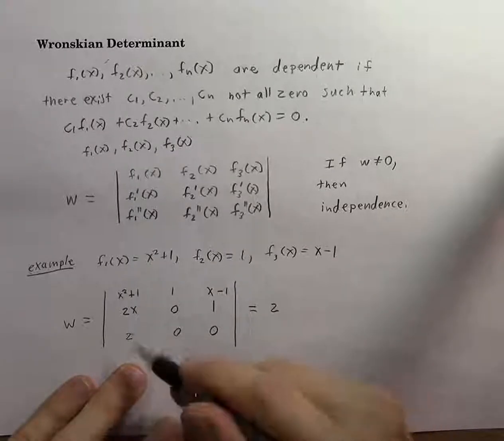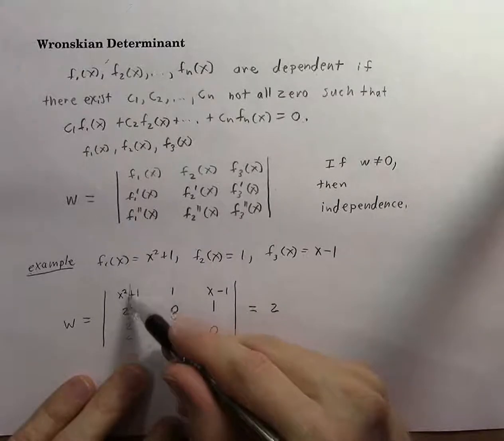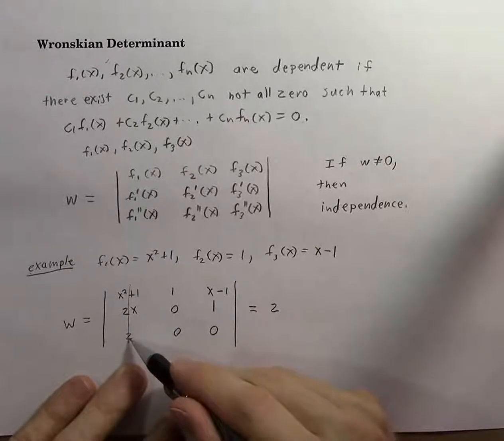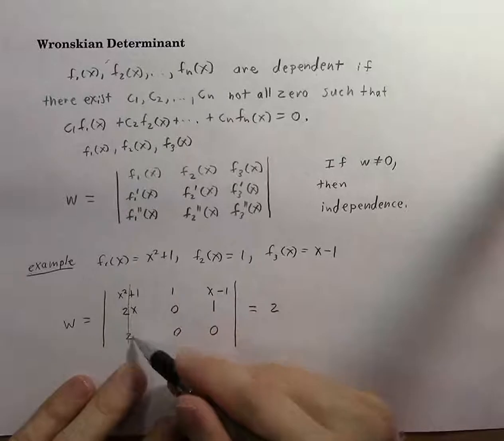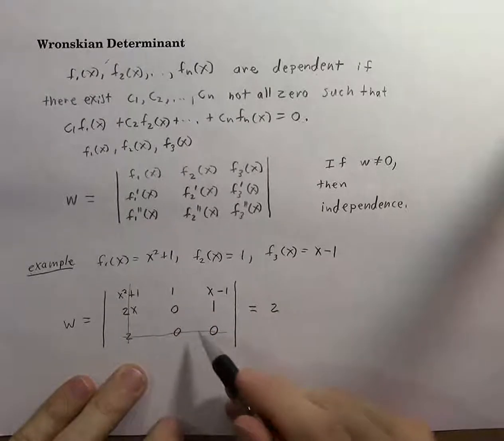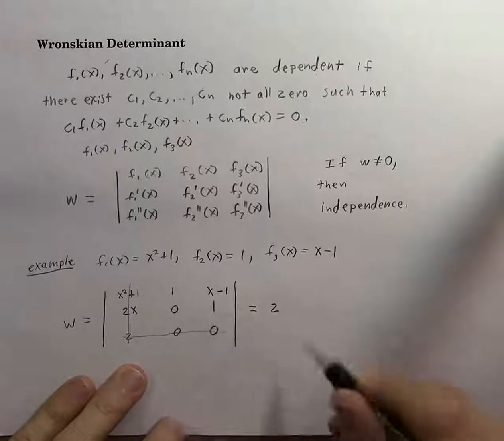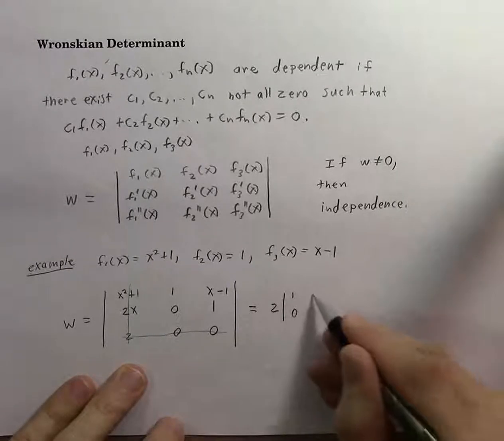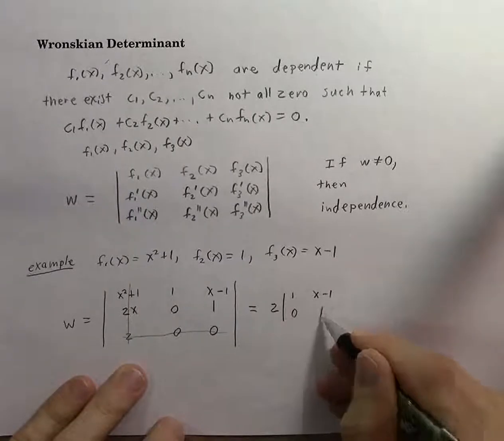Then what we do with determinants is to pretend we're crossing out the column that contains the 2, and crossing out the row that contains the 2, and just looking at the 4 entries that are left over. So we have a 1, a 0, an x minus 1, and a 1.